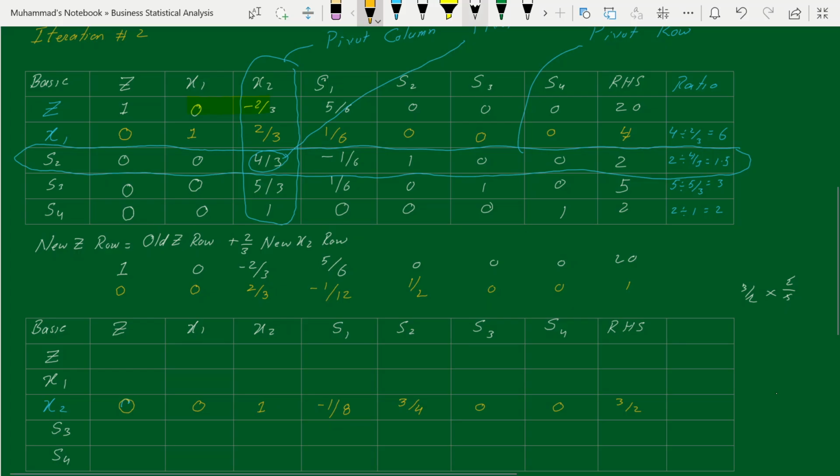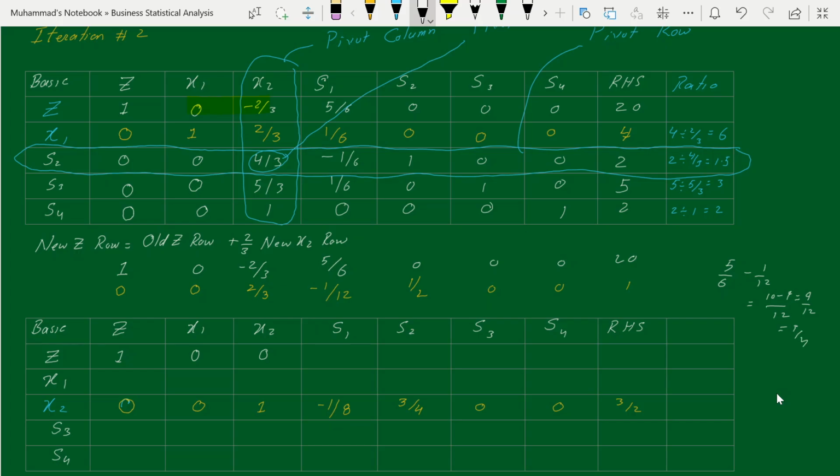To get the new 0, I can simply write down 1, 0, 0. And if we solve this together, for example, 5 by 6 minus 1 by 12: over 12, it's 10 minus 1, 9 by 12, or 3 by 4.